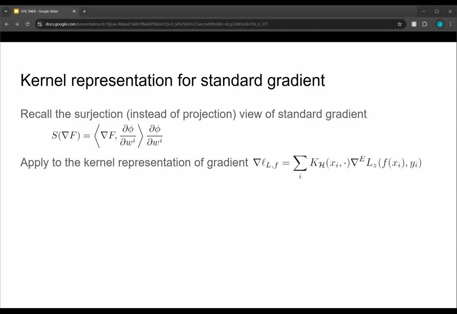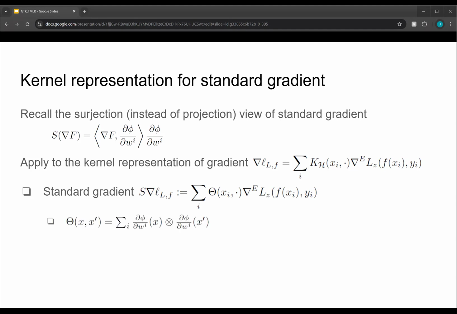Similar to the natural gradient case, we apply this surjection to the kernel representation of functional gradients. Then we end up with this kernel formula of standard gradient. Theta here is a kernel defined by the push-forward basis. This kernel is known as the neural tangent kernel.